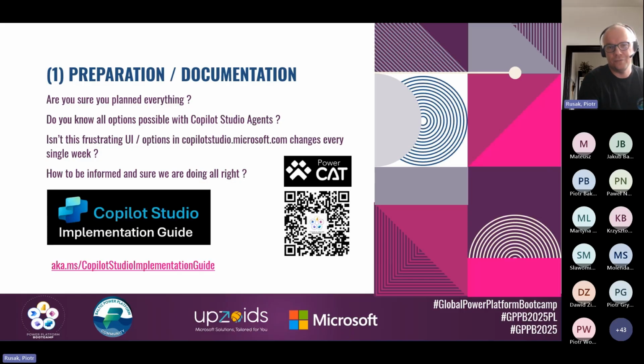The answer, and my first tip, is that you should definitely know what the Copilot Studio implementation guide is. On my slides you will see a lot of QR codes, to help you grab and save all the useful links from my session, because I will refer to many other resources.